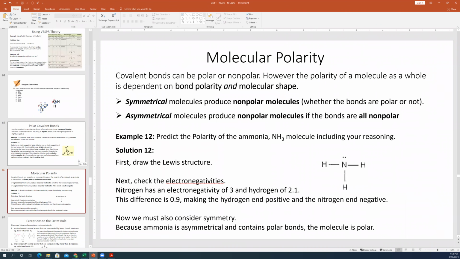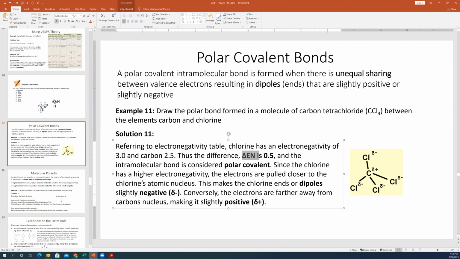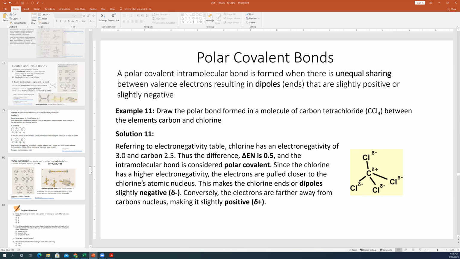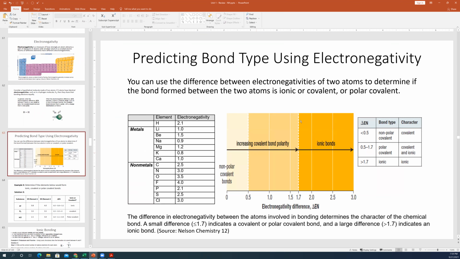Make sure you all understand polarity and unequal sharing of valence electrons, and how you can use the difference in electronegativity to determine what type of bond will form. Electronegativity is very useful in predicting what type of bond is going to be formed between two atoms. Electronegativity is a value you can get from the periodic table or is sometimes tabulated like this.